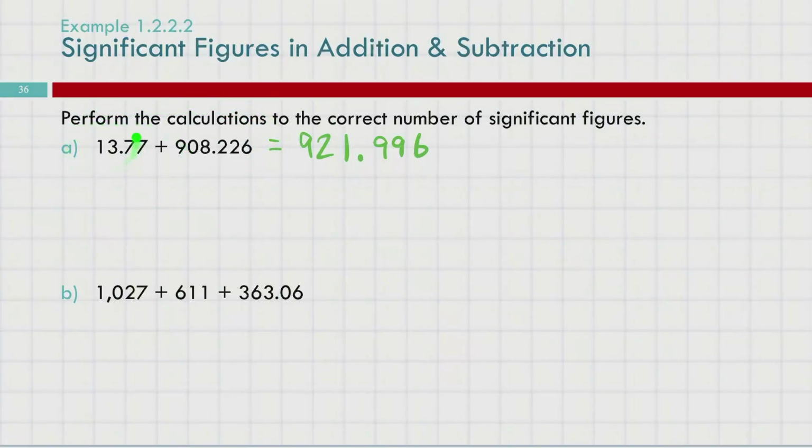In a lab, these might be numbers that we measured. What do we care about when we're doing addition and subtraction? Decimal places. And we have how many decimal places in this first number? 2 decimal places. And the second number has 3 decimal places. We're going to pick the smaller.